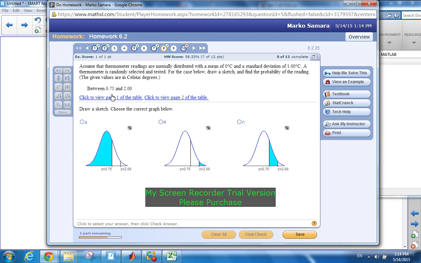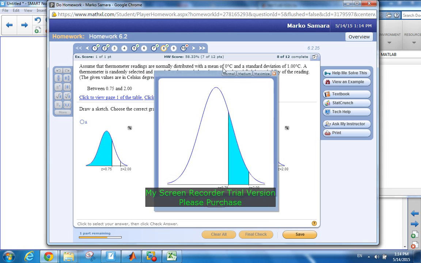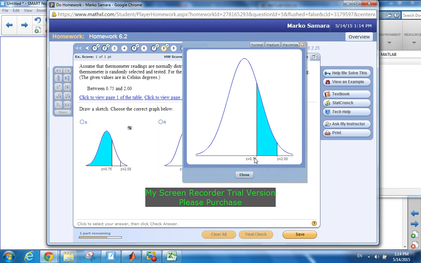Above 0.75 and below 2, so that's this one. This area is equal to the probability of getting a number in that interval.